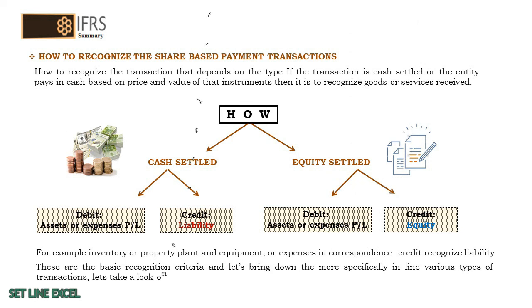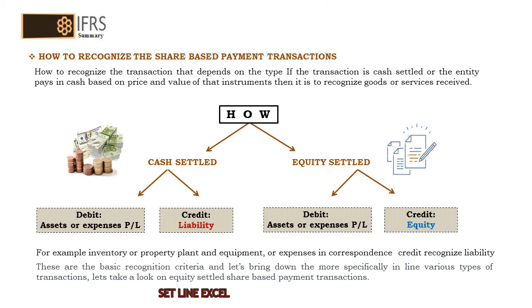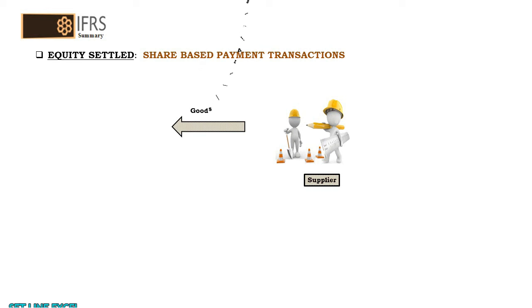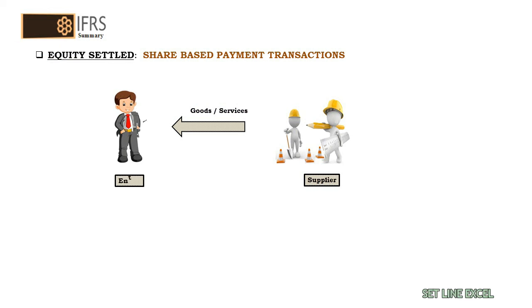Let's take a look at equity settled share-based payment transactions. There can be employees, suppliers or any other party who has provided services or goods to the entity. The entity is liable to pay them against the services and goods they have provided.